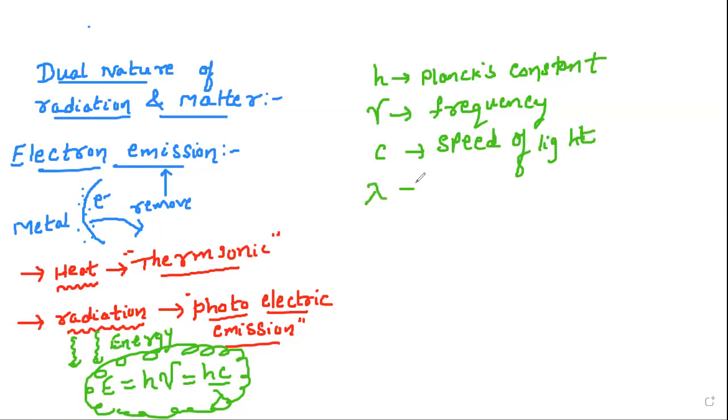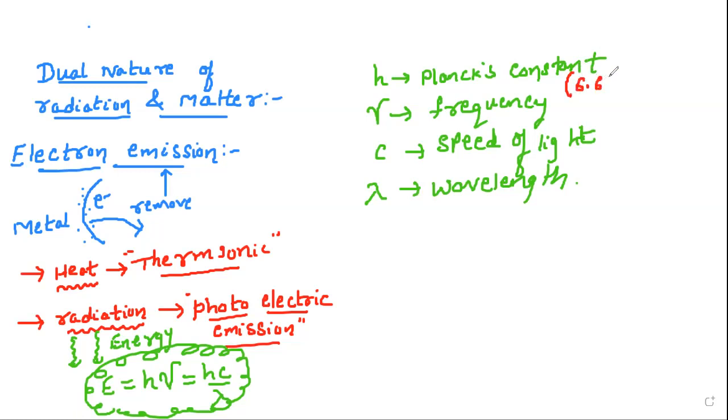And lambda represents what? The wavelength. So h is Planck's constant, nu is the frequency, c represents the speed of light, and lambda represents the wavelength. What is the value of the Planck's constant?